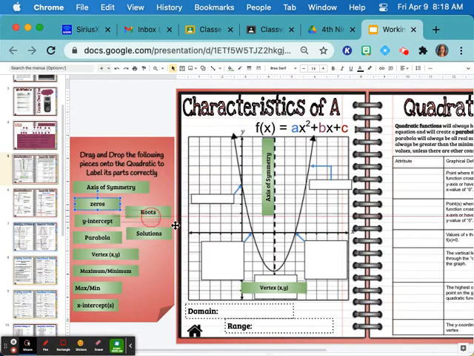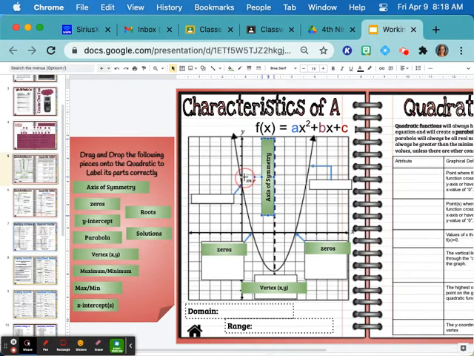And then zeros is our x-intercepts. So we actually have 2 on this one. Y-intercept is where it crosses the y-axis. Did y'all see how I turned the axis of symmetry? See this little pivot point right here?